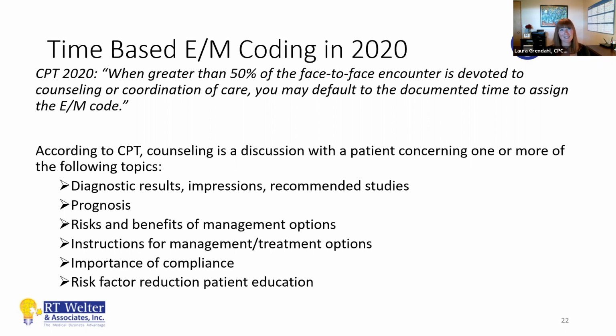Well, you're not going to sit there waiting for 15 minutes, answering questions, talking a little slower, right, to get to that 15-minute time threshold. And you just don't want to be looking at your watch or the clock the whole time you're there anyways. But now we're going in 2021 and we're going to get a range. So instead of an average of 15 minutes, now 99213 is going to be 20 to 29 minutes. So now you have this range to hit instead of trying to always hit these exact times.